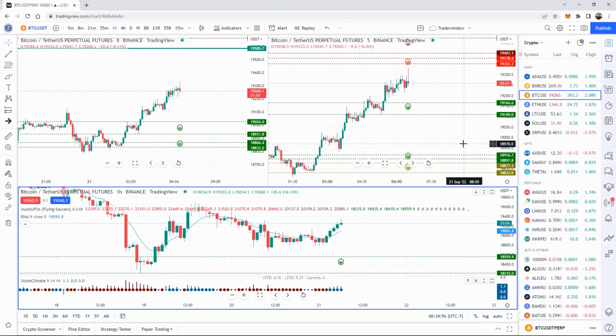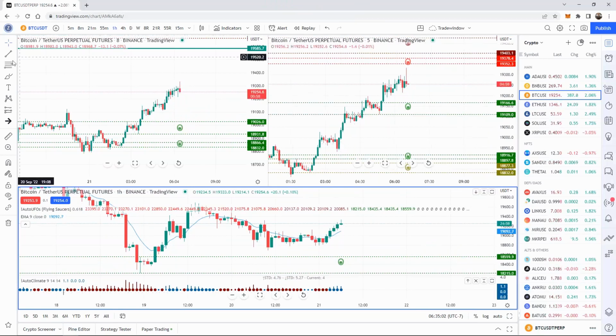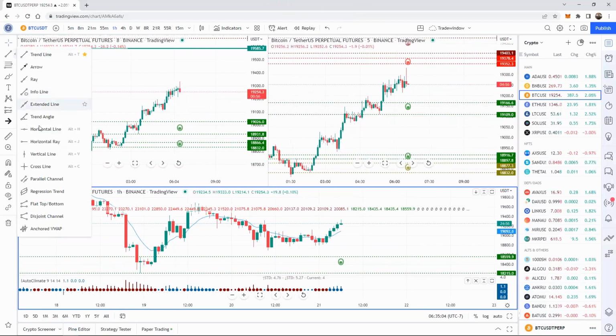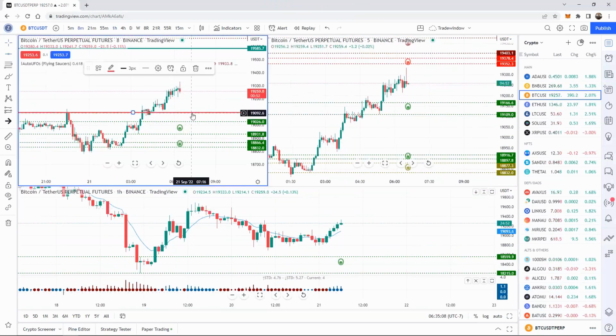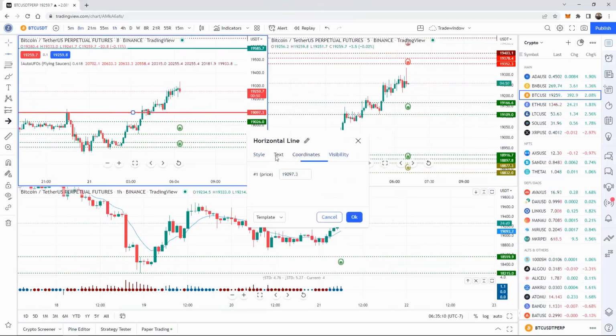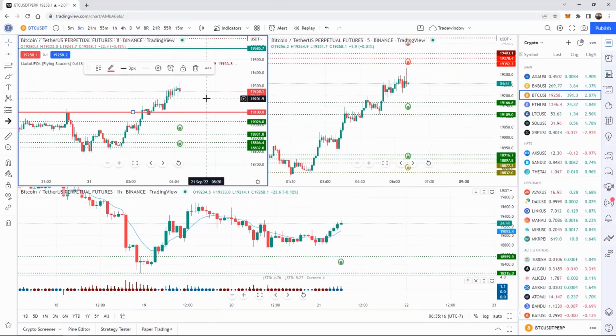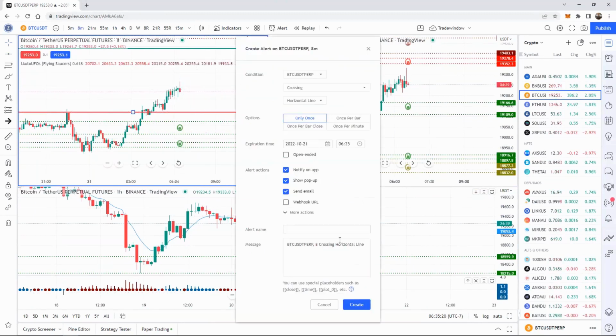It might happen. Therefore, we're not going to set up a trade, but what we are going to do is set up a horizontal line around 19,100, and then set up an alert.